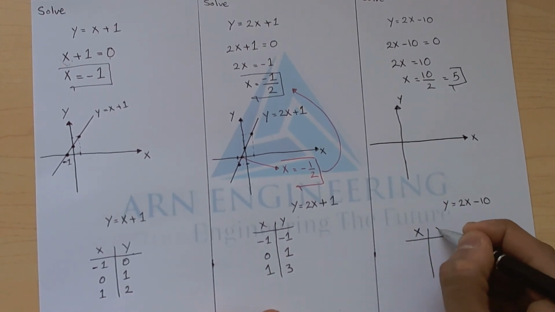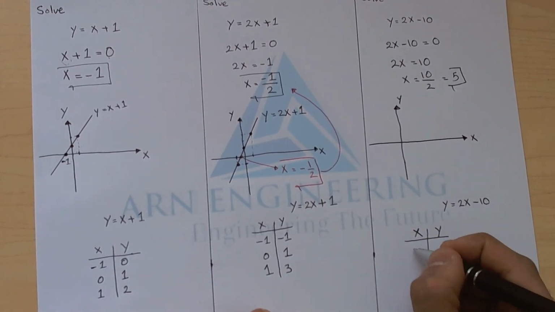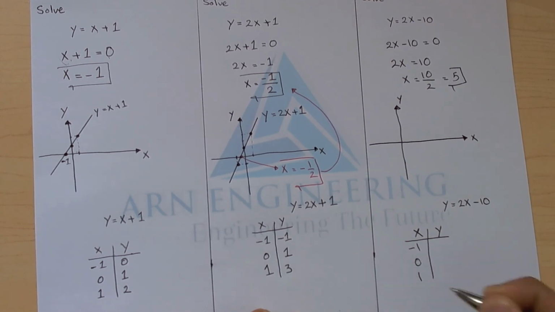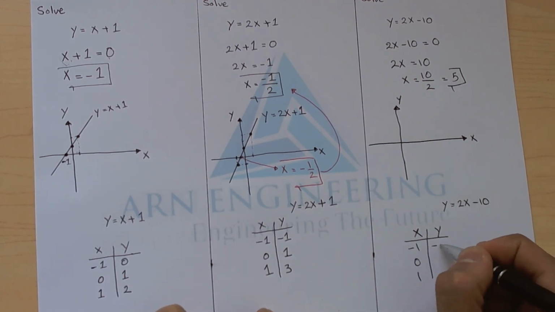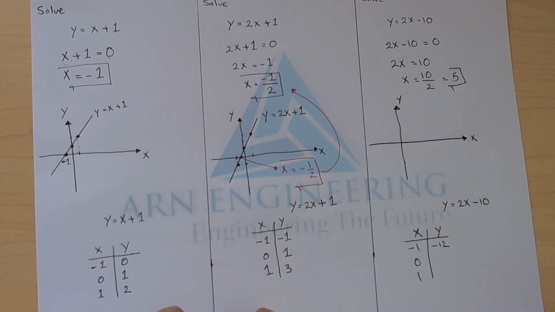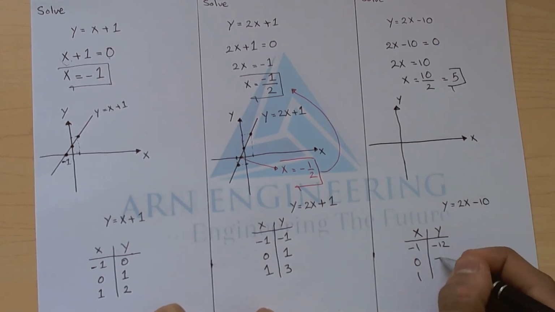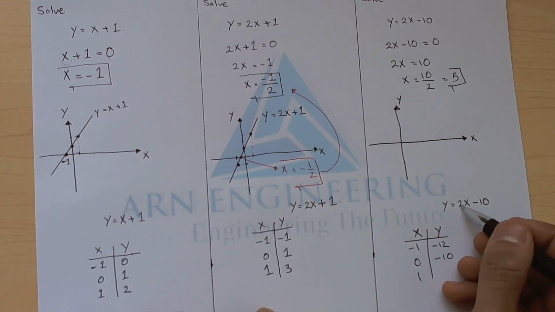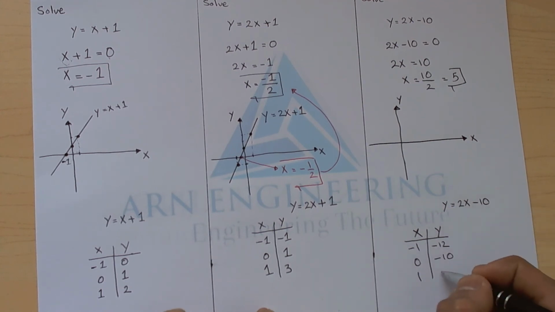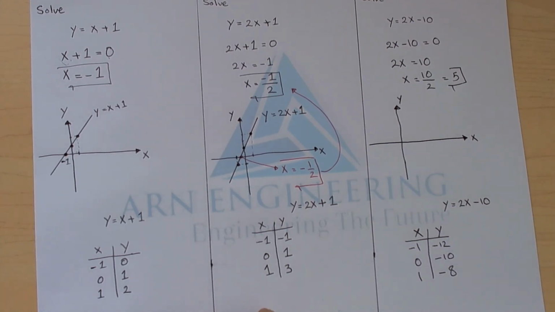So we have x, we have y. -1, 0, and 1. So when x is -1, this is -2 minus 10, so that's -12. When x is 0, it's -10. When x is 1, it's 2 minus 10, which is -8. Right?